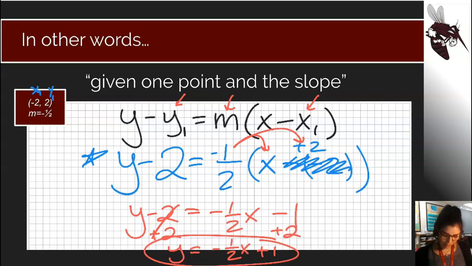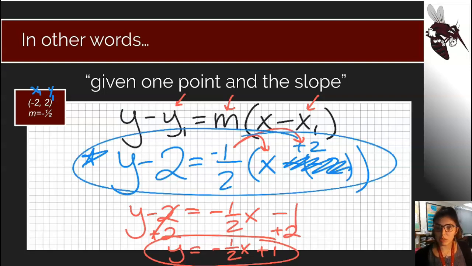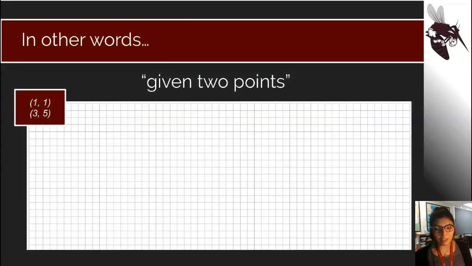So both of these, the blue equation in point-slope form and the red equation in slope-intercept form, are equivalent, which means the same. Either of them are valid options as answers, just depending on what the question is asking for. Now, as opposed to just being given a point and a slope, I could also just be given two points. We already looked at some videos that talk about finding the slope from two points.